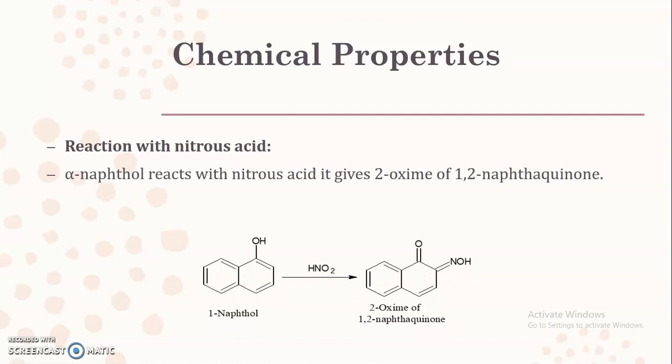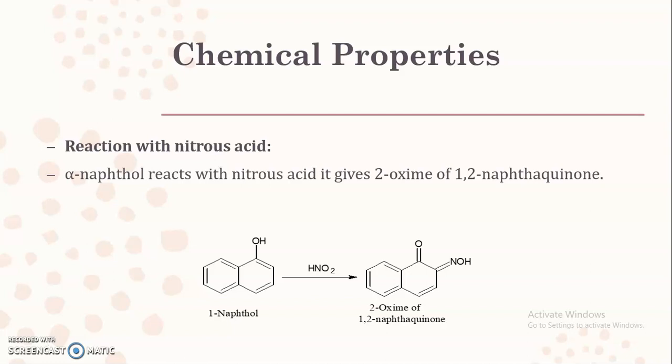You have to remember that we do not add nitrous acid directly. It is generated in situ by the reaction of sodium nitrite and a mineral acid, either dilute sulfuric acid or hydrochloric acid.